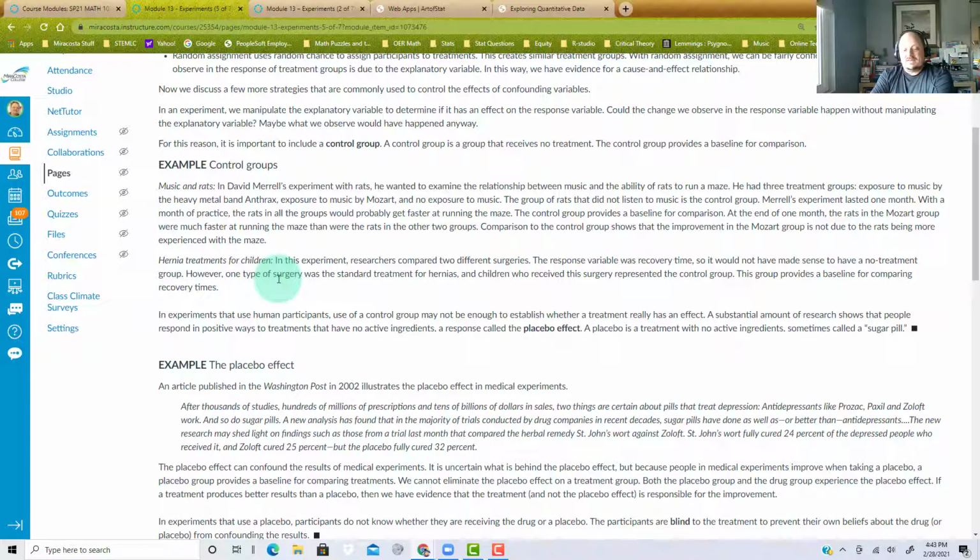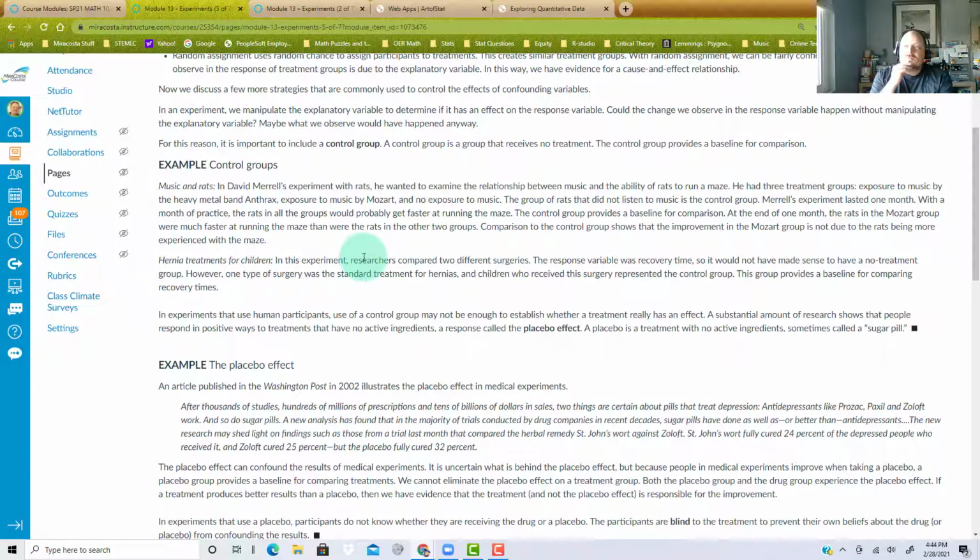So this is the placebo effect, and that's why, if we're giving out pills to test something, we'll give out a pill that doesn't have any of the drugs in it whatsoever, so that, again, it makes it seem like everyone is in one of those groups.